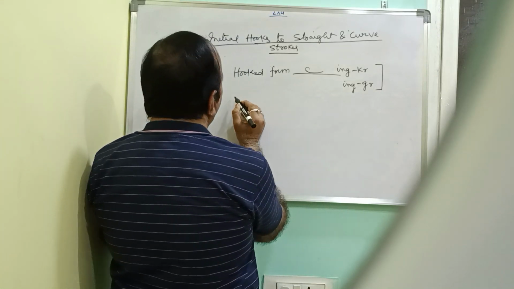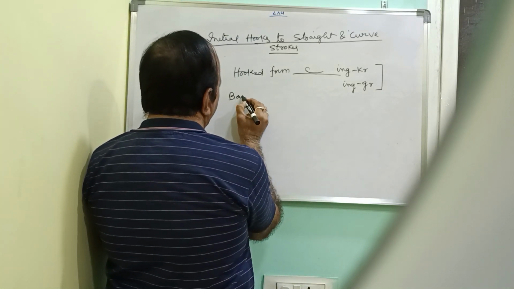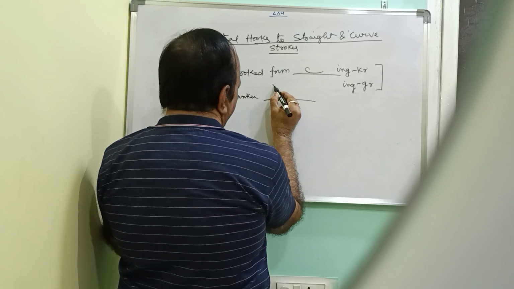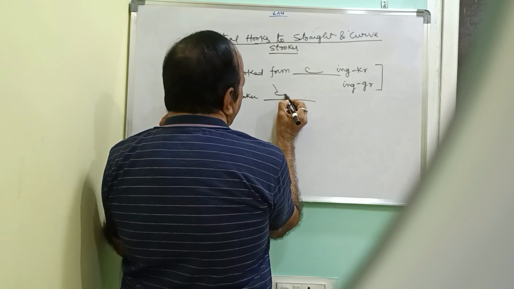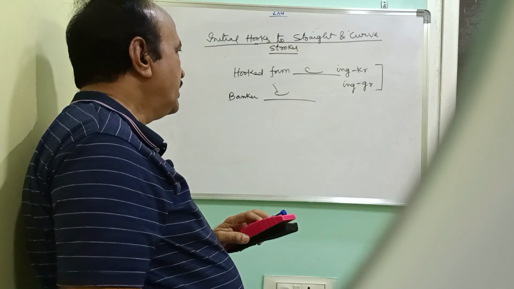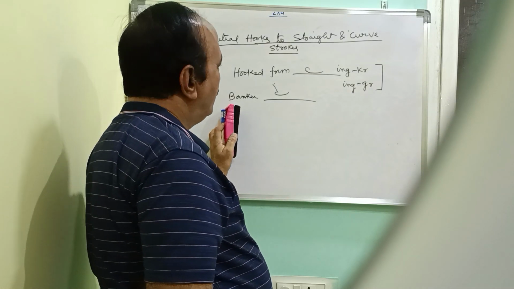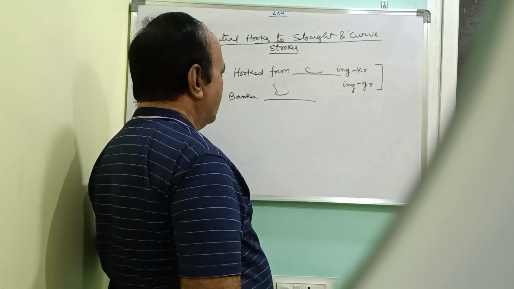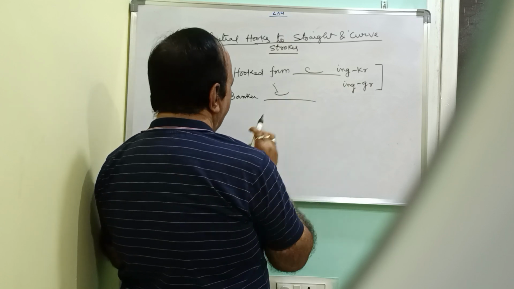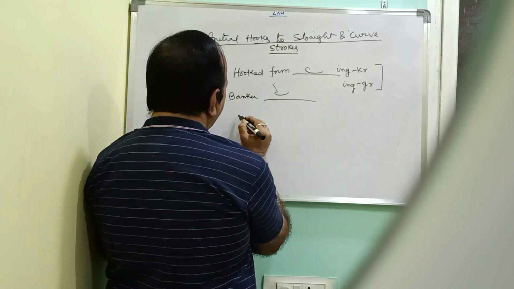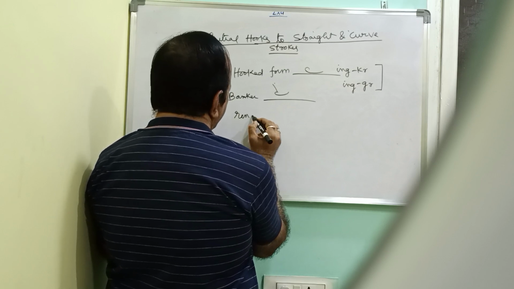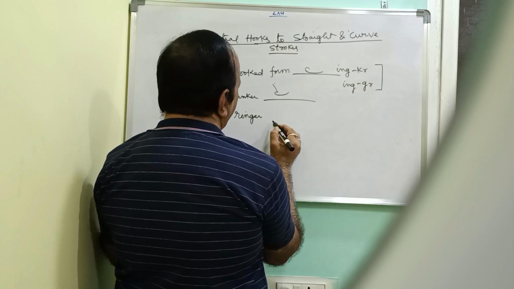See, for example, banker. Fine. B above the line, then inker. Here we are getting the sound of inker. We are using the hooked form here, and it gives the sound of inker. Then ringer.